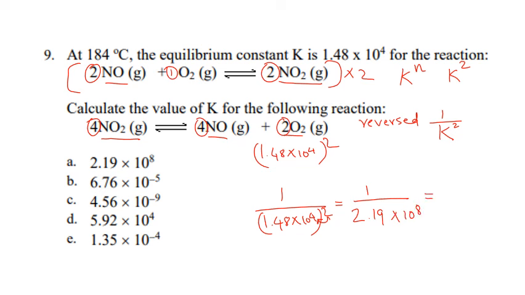I'm just isolating that exponent, taking it to the numerator, so it will be negative 8. So 1 over 2.19 will be 0.456 times 10 to the power negative 8. When you move the decimal, you will get 4.56 times 10 to the power negative 9. That's the answer. So the answer is C.